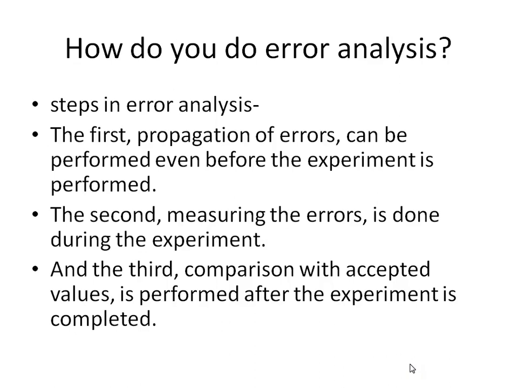And the third step is comparison with accepted values, performed after the experiment is completed. So what did you think before writing or speaking something, and after the actual writing or speaking, you have to measure whether you have made more mistakes or fewer mistakes.